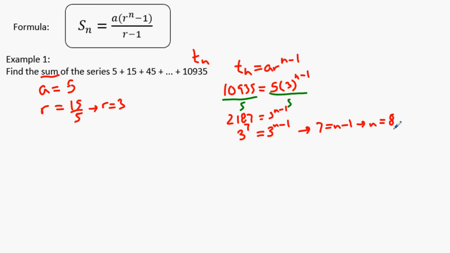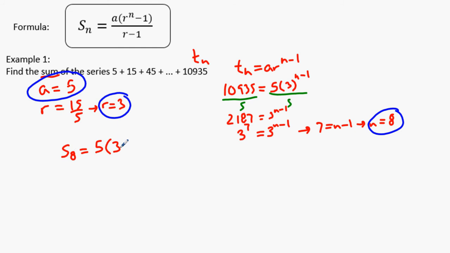All right. So now I've got A, R, and n. So now I can substitute in to solve for my Sn, so S8. So S8 is equal to A, which is 5, bracket 3 to the exponent of 8, minus 1, all over 3 minus 1.